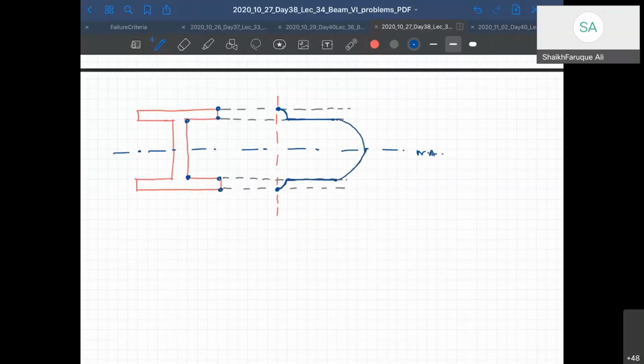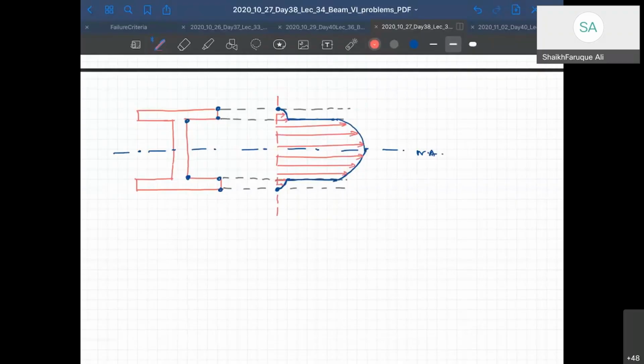So that's your diagram for shear stress distribution for an I section.